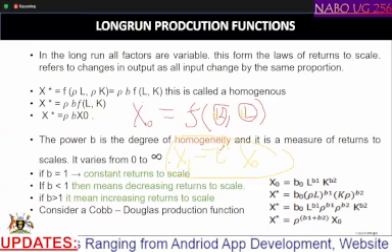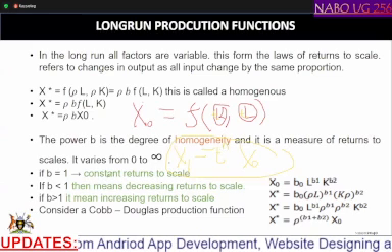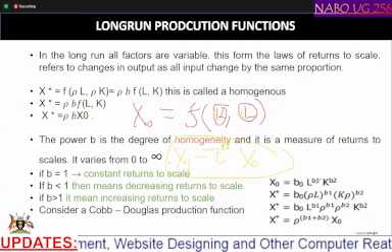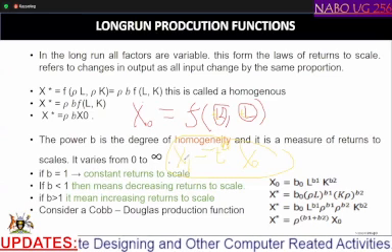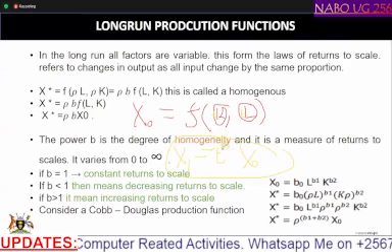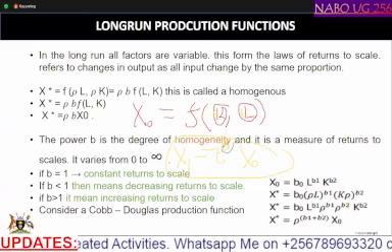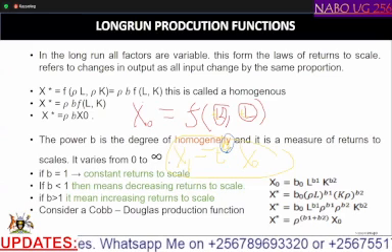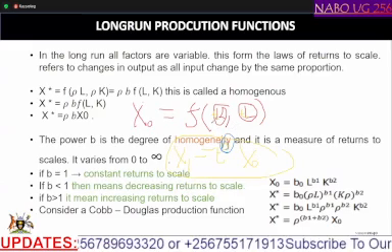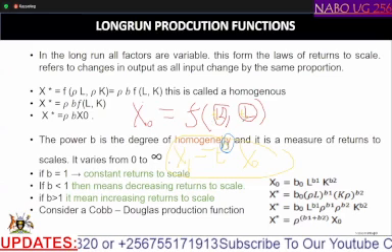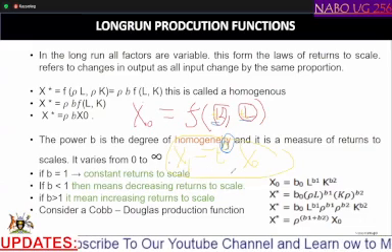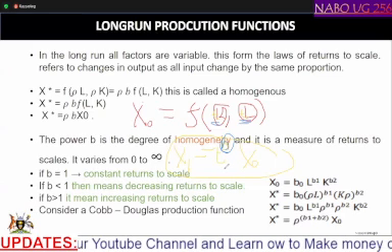Some people use B in this case. Meaning that a function can be homogeneous of degree n, or B, whatever you want to use for the power. So when I increase my factor inputs by a scalar T, my output will also increase proportionately by the same scalar.